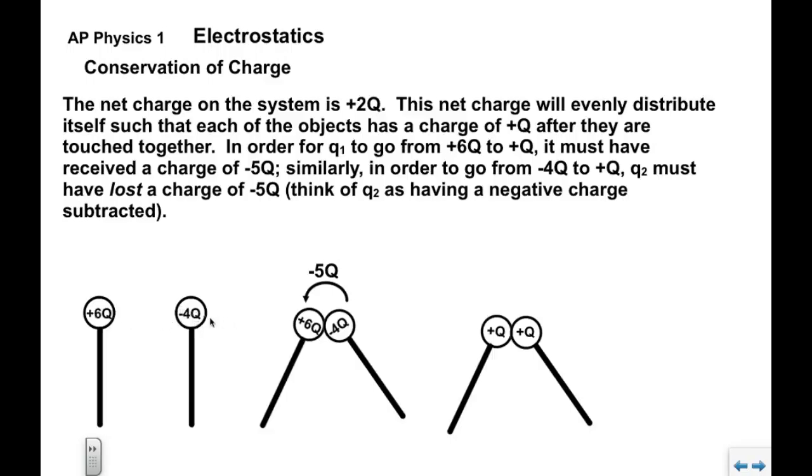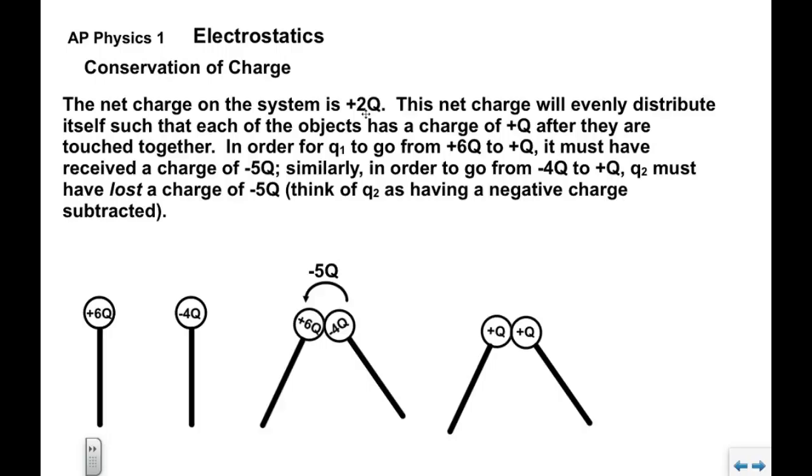We add these together and we get plus 2Q. This is the net charge on the system. When we touch the objects together, this net charge is going to evenly distribute itself over the two objects. So we have two objects here. We have a charge of plus 2Q on the system. That means each of the objects will have a charge of plus Q after they're touched together.